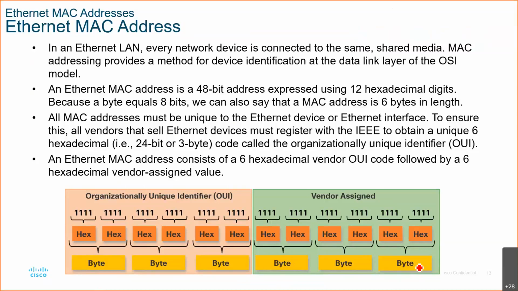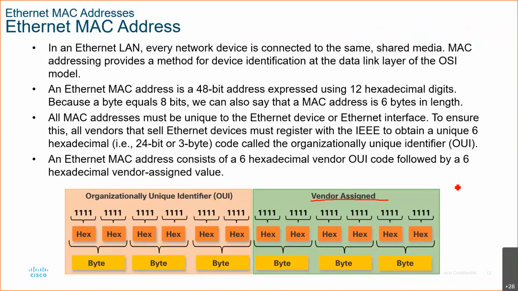Now, the question is, why is your hexadecimal address divided into 2 halves? Can you see 3 bytes are called OUI, and the other 3 bytes are vendor assigned? Think about it. Why? If you think about it, you will realize that every hardware NIC that we have is supposed to be unique.